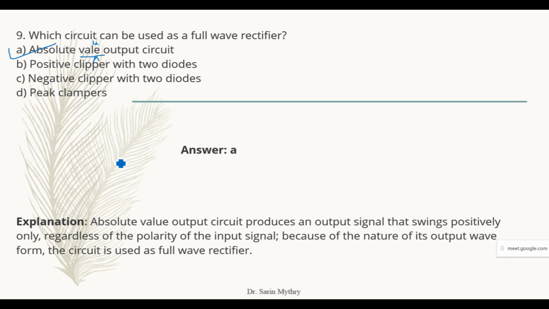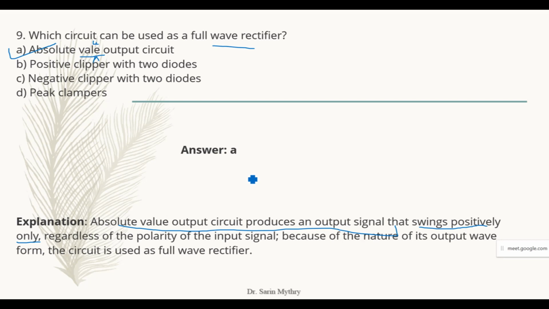Why? Because the absolute value circuit produces an output signal that will swing only positive. It's a full wave rectifier. See here now, regardless of the polarity of your input signal, this particular circuit mentioned here will swing only positively, regardless of what kind of signal you give.